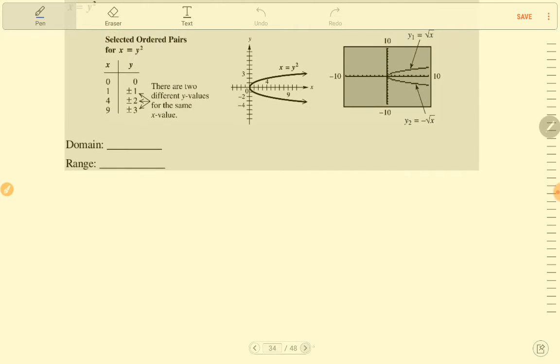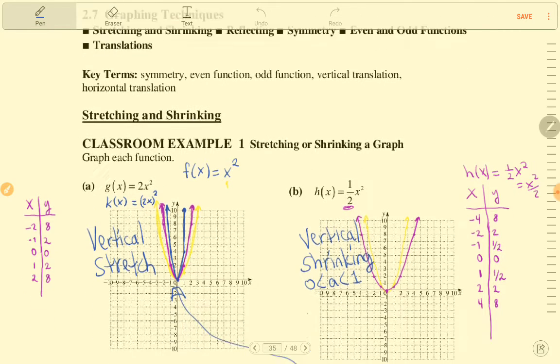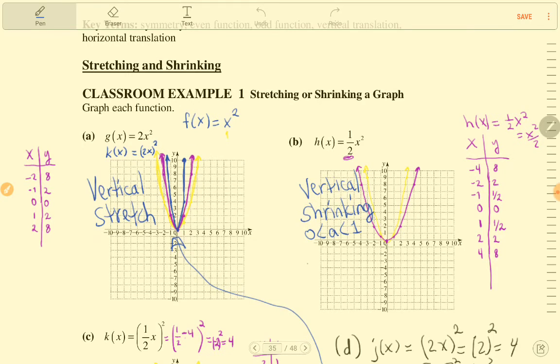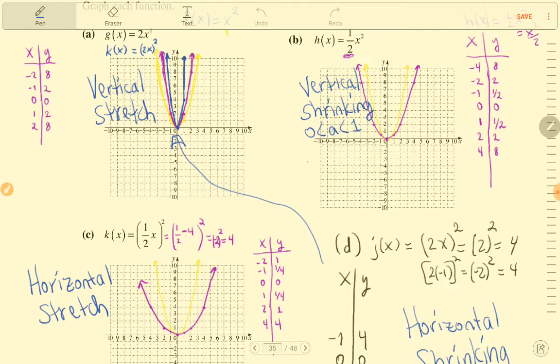In 2.7, this is the beginning, we started with transformations of original parent functions that are either stretched vertically, shrunk vertically, stretched horizontally, or shrunk horizontally, like the blue one in this picture that goes with this equation.